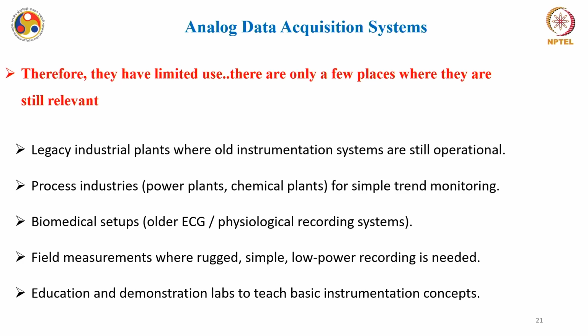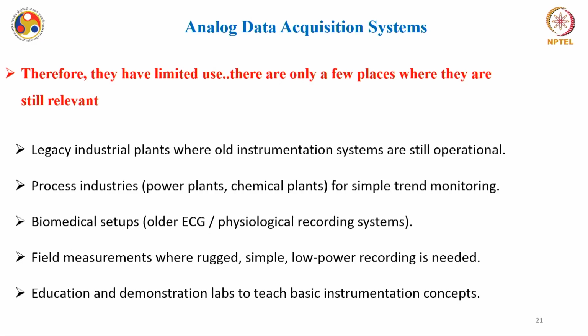There are only a few places where they are still relevant, like legacy industrial plants where old instrumentation systems are still operational. There you will find these analog recorders. In process industries like power plants and chemical plants which have not upgraded, these analog recorders are still functional for simple trend monitoring.